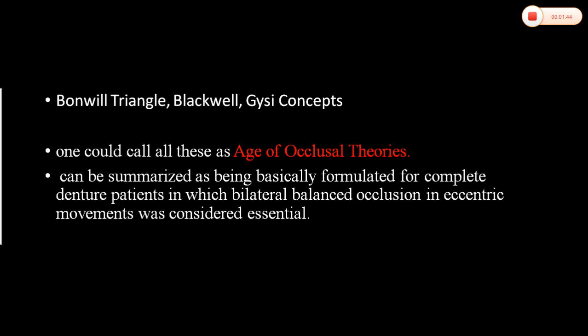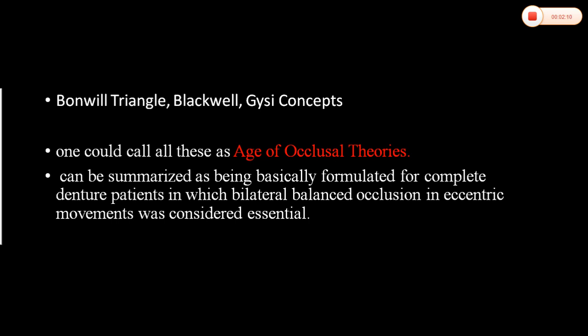Depending on all these, which occur naturally, the occlusion has been developed. The compensating curves we see in the theory class. So one could call all these the age of occlusal theories. Previously, all occlusal theories were developed.